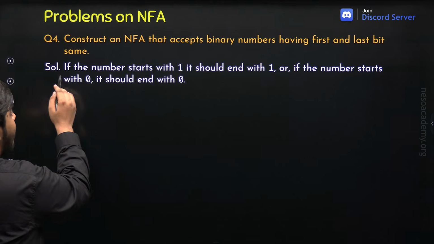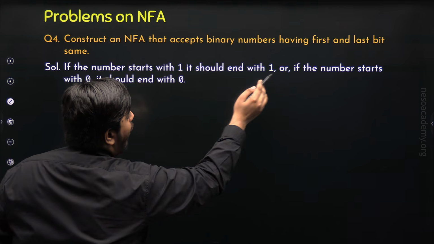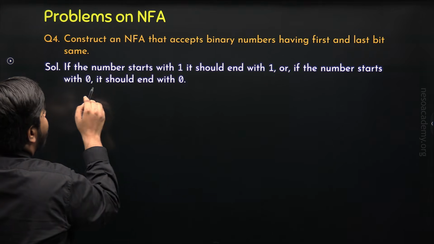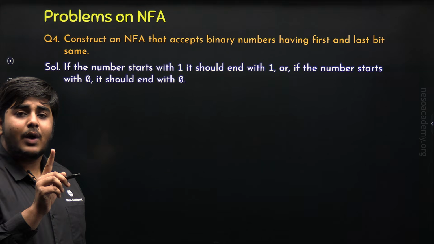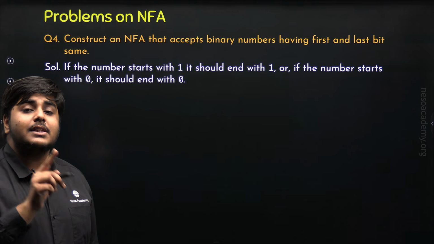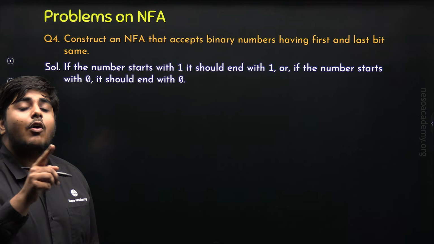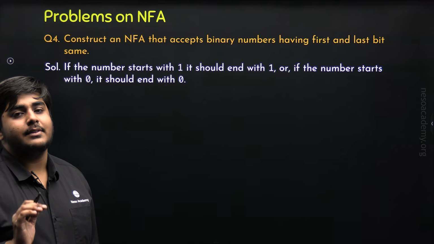If the number starts with 1, it should end with 1, and if the number starts with 0, it should end with 0. That's what this problem means.